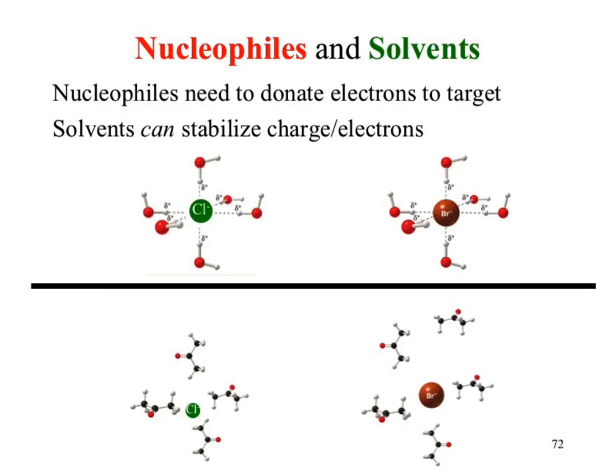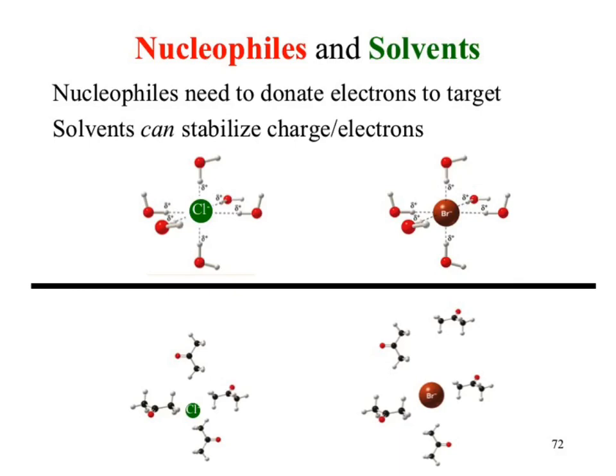Protic solvents have very large partial positive hydrogens. And if I look at the protic solvent, what happens? Very large partial positive means it needs to get neutralized. What's going to neutralize it better? It is the solvent, so no. A negative. Something more negative is going to stabilize it.